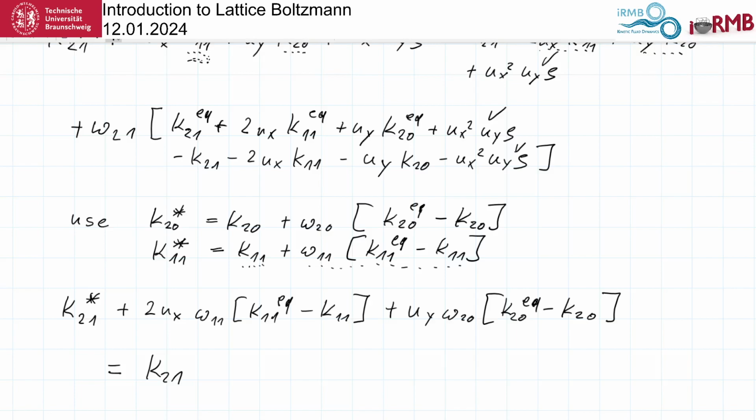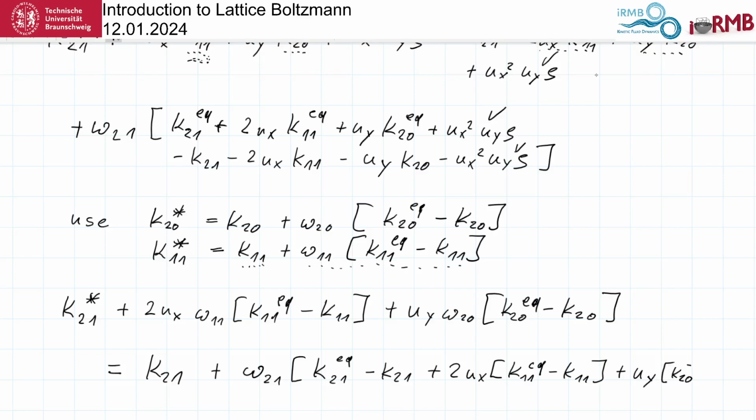Everything else has been eliminated, and the rest that we get is related to omega 2,1: the equilibrium k 2,1 equilibrium minus k 2,1, plus ux times k 1,1 equilibrium minus k 1,1, and plus uy times k 2,0 equilibrium minus k 2,0. Okay, now this is a bit simplified.